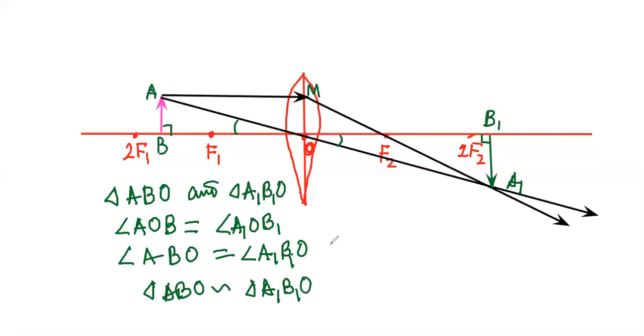If triangles are similar, then the sides are proportional.